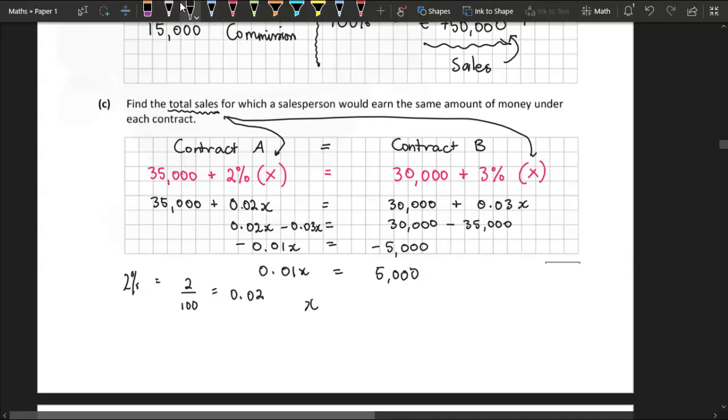So x then is going to be equal to 5,000 divided by 0.01. So you end up with x equals 500,000. Okay, and again, that there is the total sales. That's the total sales for contract A to be worth the same as contract B.